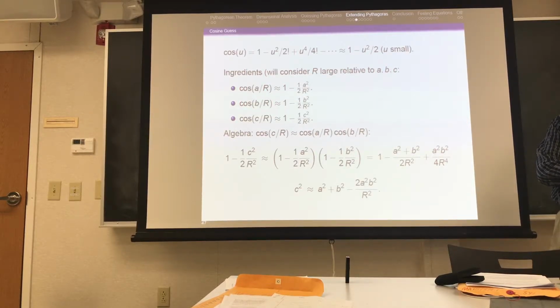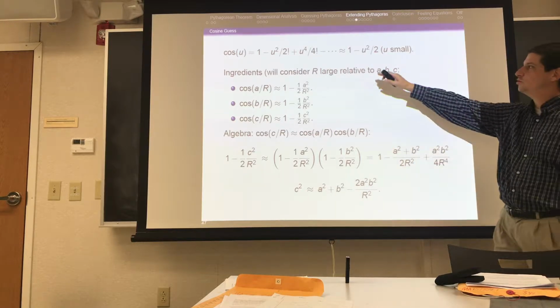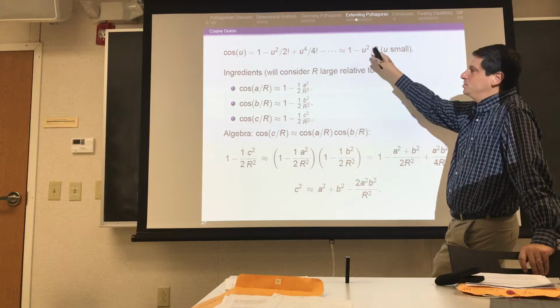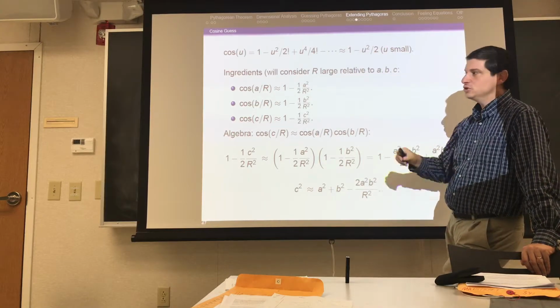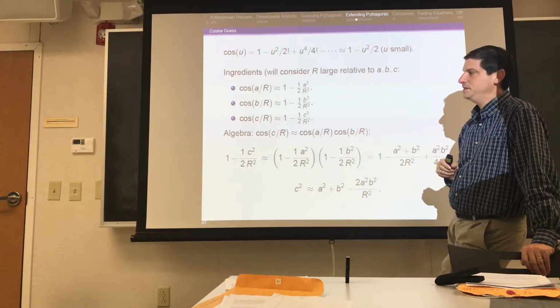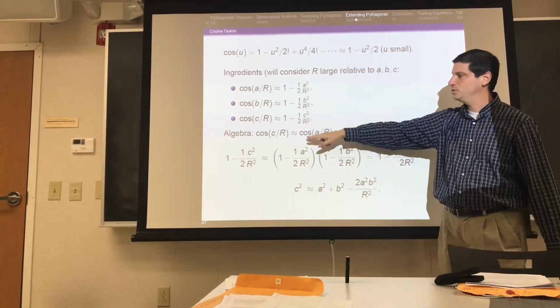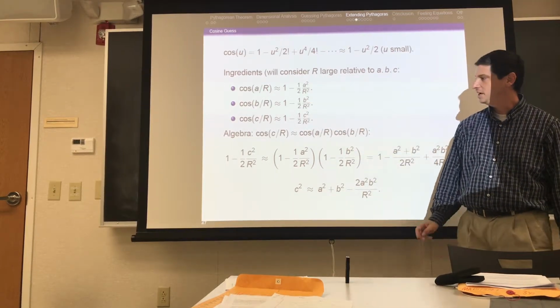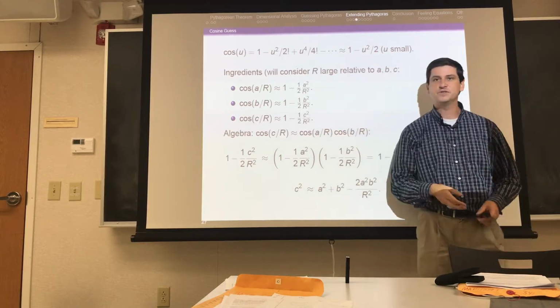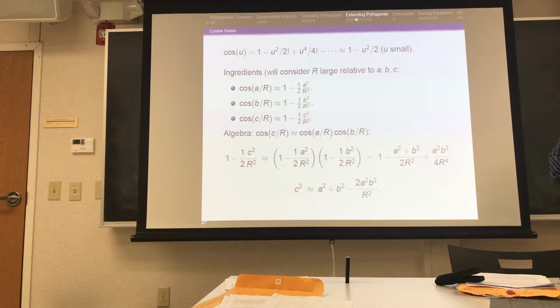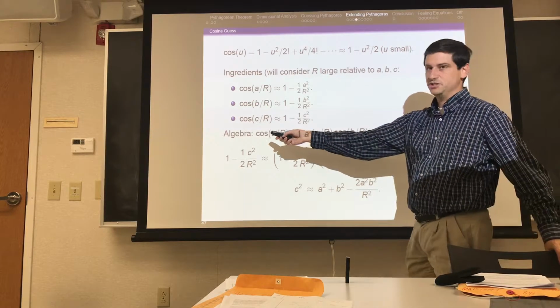Taylor expansion of cosine of u is 1 minus u squared over 2 factorial plus and so on. And if u is small, it's about 1 minus u squared over 2. So let's calculate the cosine of a, b, and c over r. And we get 1 minus 1/2 a squared over r squared, and similarly for the others. And now, if we just notice the following algebra, if we multiply the two bases and expand everything out, you're going to get a 1 which will cancel from everything.